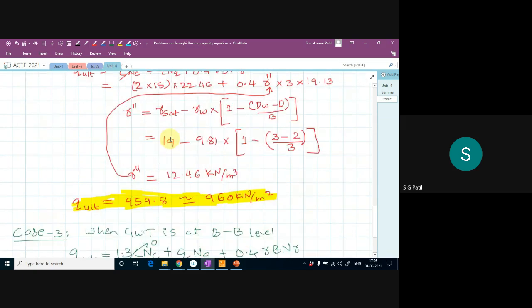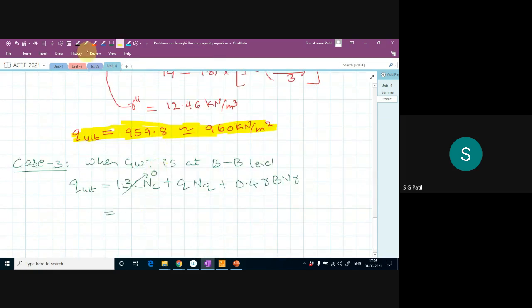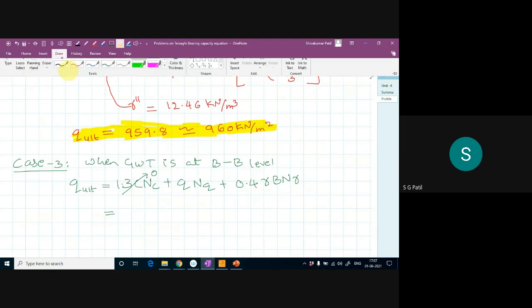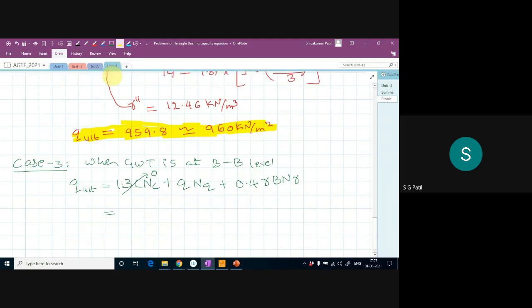So your q now becomes, 1 meter is in dry condition, so that into the bulk unit weight. Bulk unit weight is 15 kilonewton per meter cube. Plus another 1 meter below, from the water table, it's a saturated case.